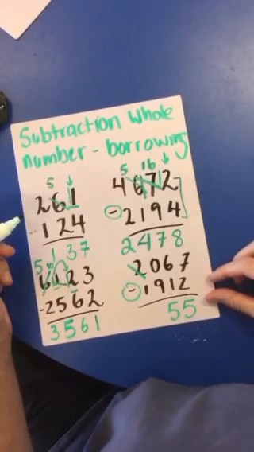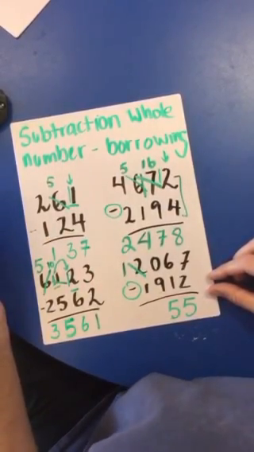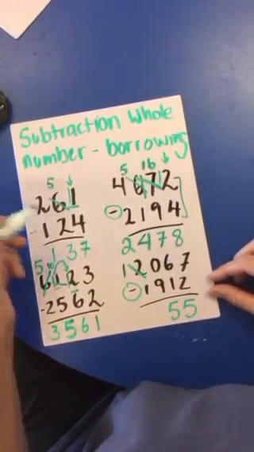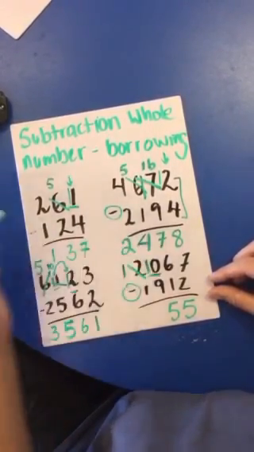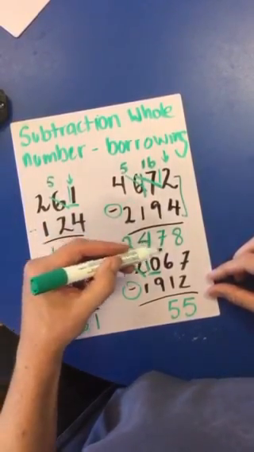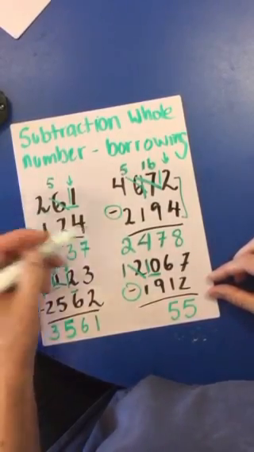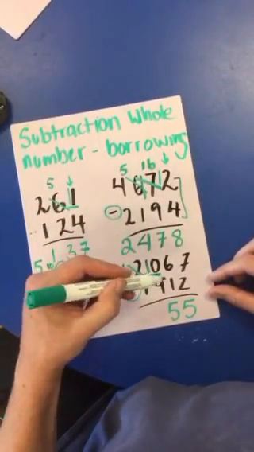So instead of being 2,000, I'm going to change it to 1,000. That number that I borrowed is going in there to make 10. 10 is larger than the 9.